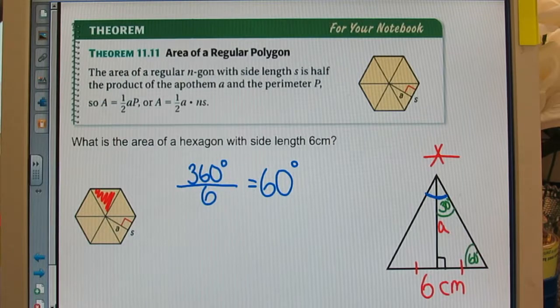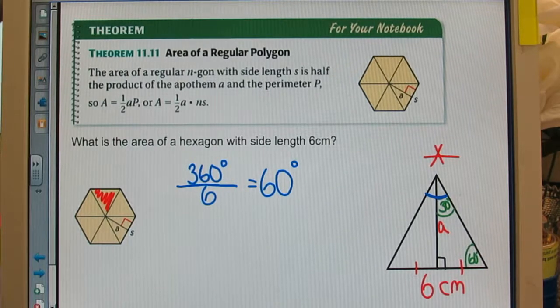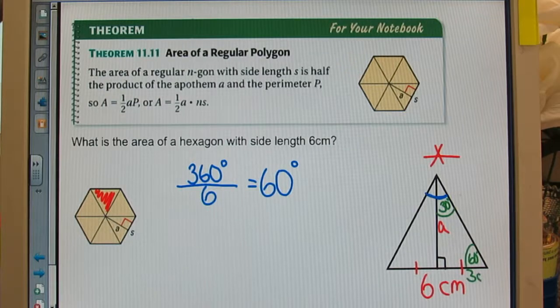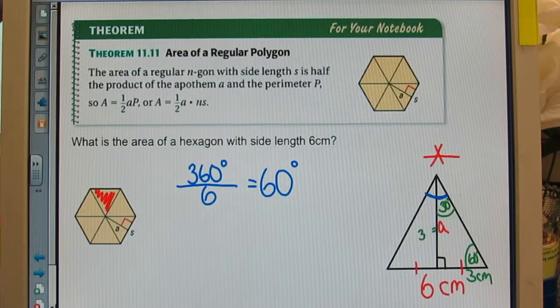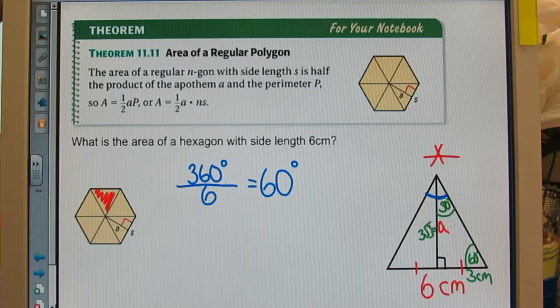So now I could use trig, or I could use my special right triangles to determine the length of the other side. So I know that if this length is 3 centimeters, then my apothem is 3√3 centimeters.